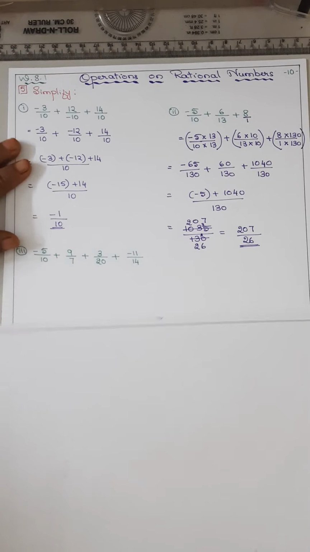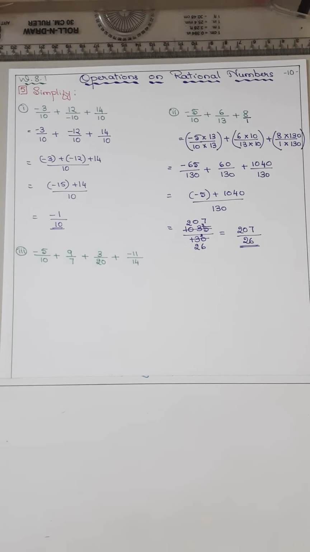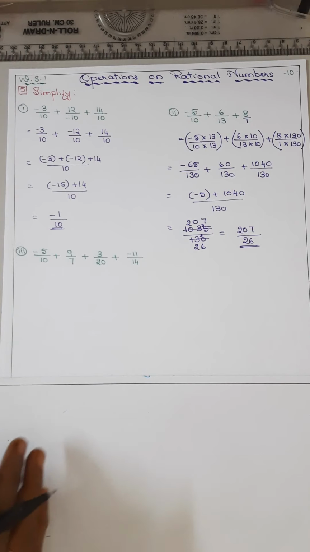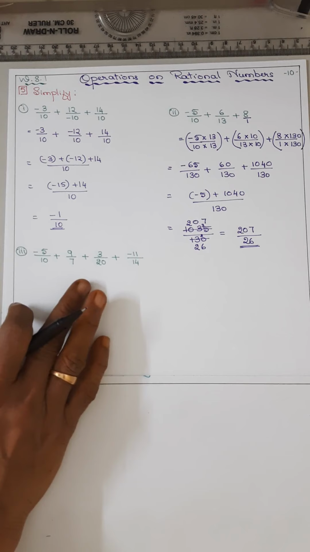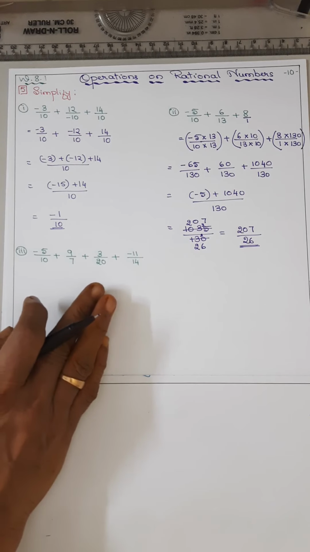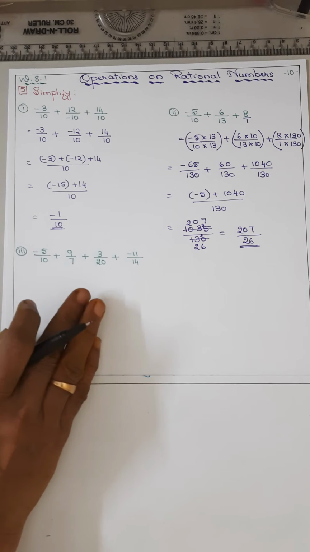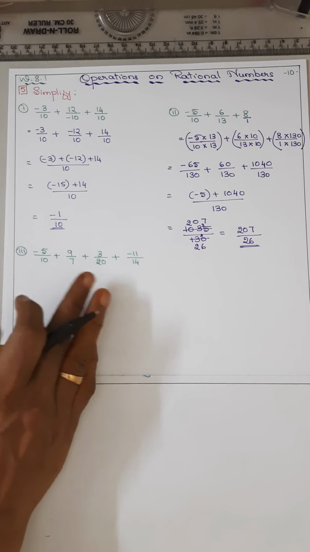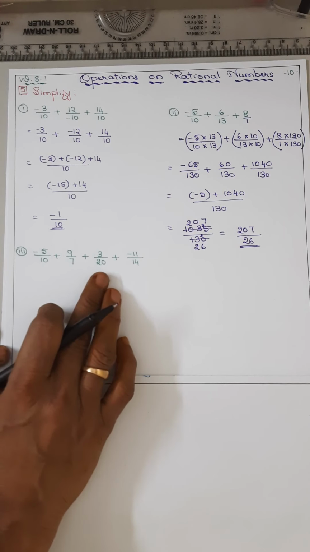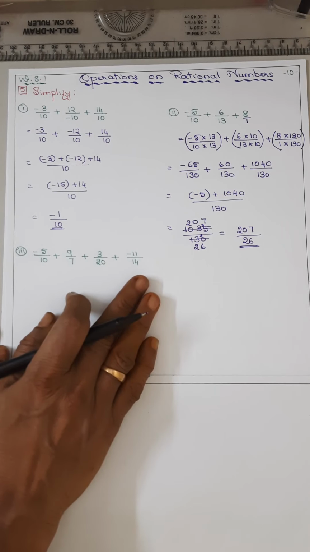Question number 1 and 2 done. Now coming to the third one. The four rational numbers are there: minus 5 by 10 plus 9 by 7 plus 3 by 20 plus minus 11 by 14. You can do together, otherwise group it. 10 and 20 can be taken together, 7 and 14 can be taken together, isn't it?